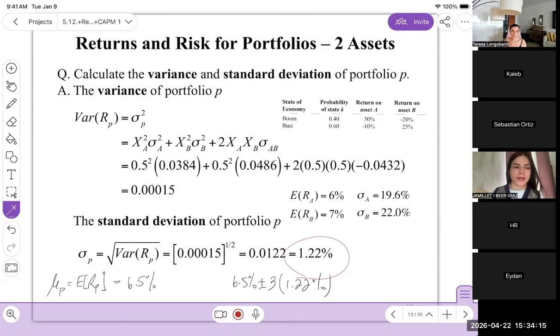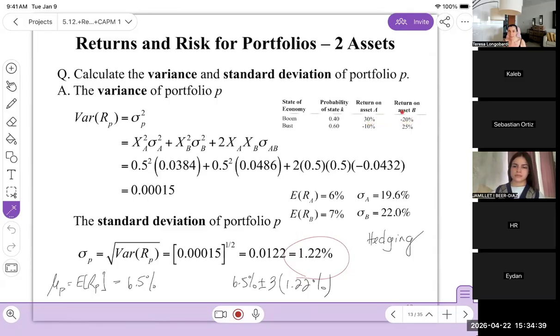Because the two assets have a negative covariance. That's right. So when one does poorly, the other one has hedged. This is an example of hedging. You've hedged the risk. So when B does poorly, A does well, and even better.